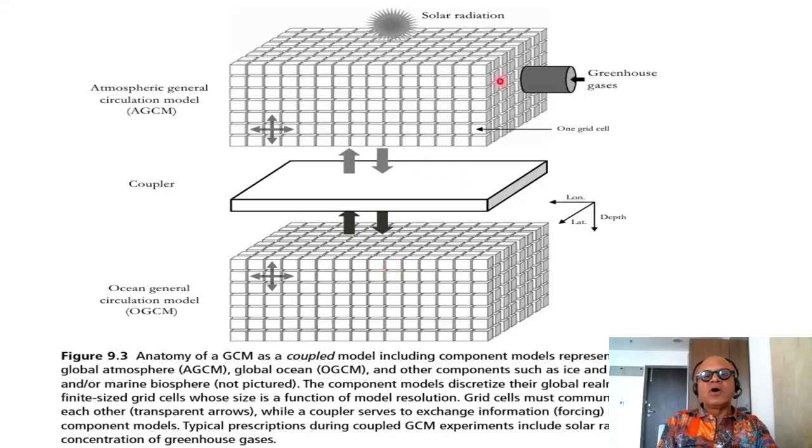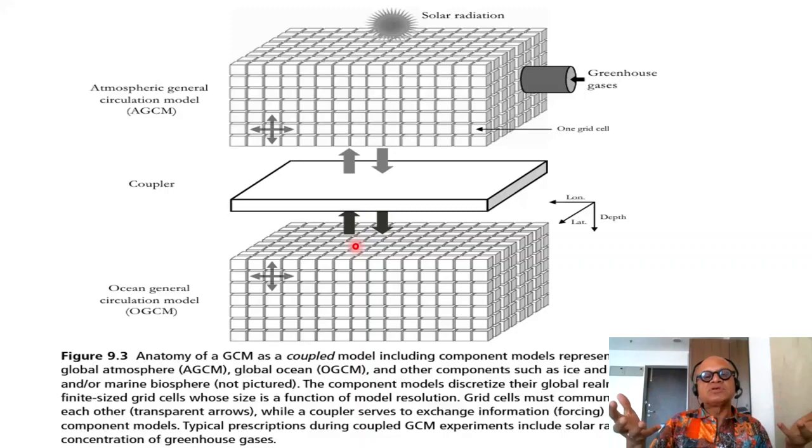Of course, only the atmospheric model tends to be used for making short-term weather forecasts, because on short time scales of a few days, the ocean doesn't change much. It's heavy, it's got high heat capacity, so you can consider that it's not changing very fast. But if you want to look at multiple weeks and seasons, then the ocean begins to control how the atmosphere evolves.